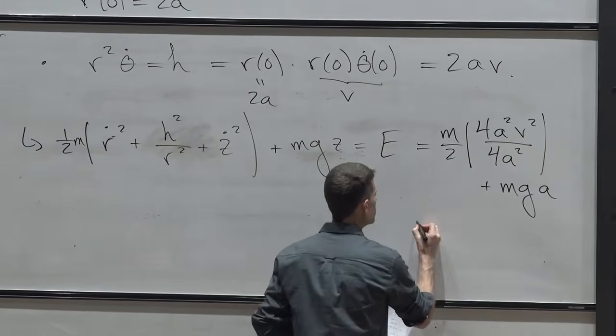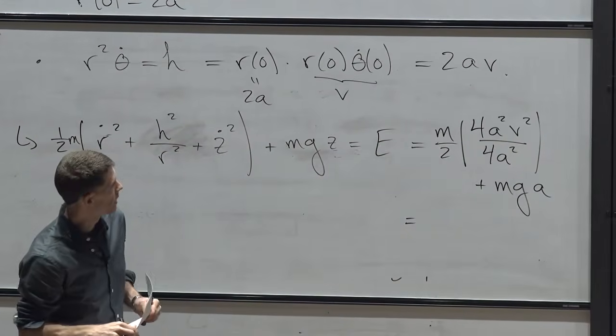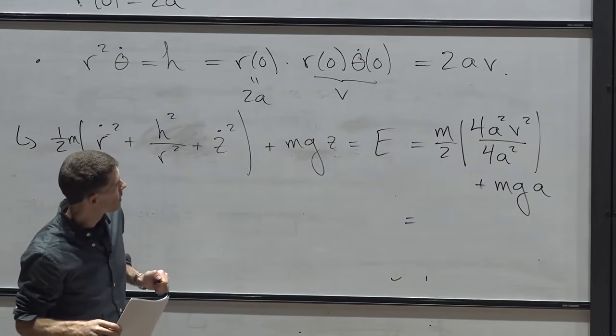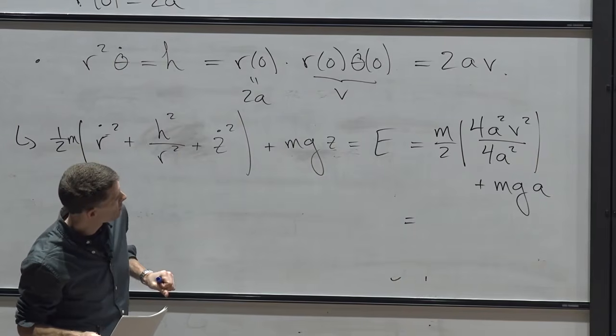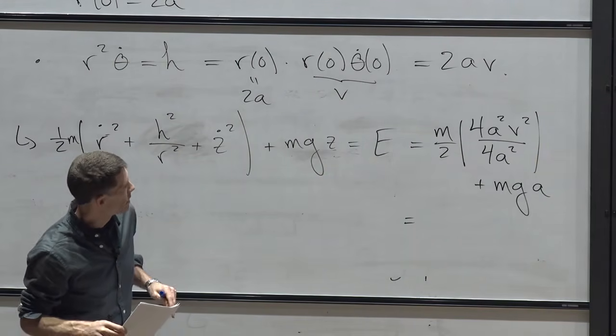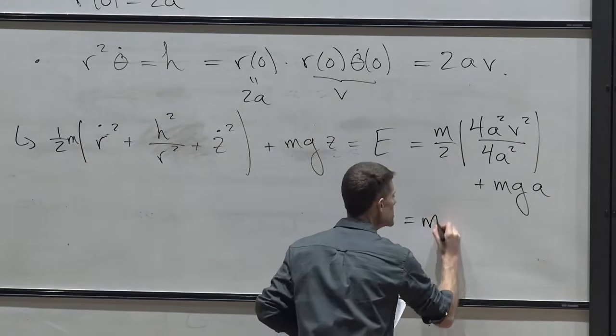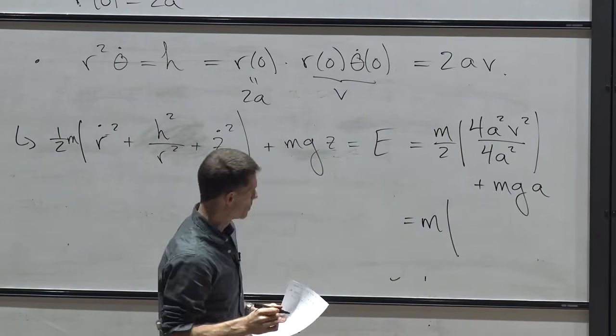So E, our constant total energy, is, what are we left with? The a squareds, the 4 go away. There's an m times v squared over 2 plus ga.